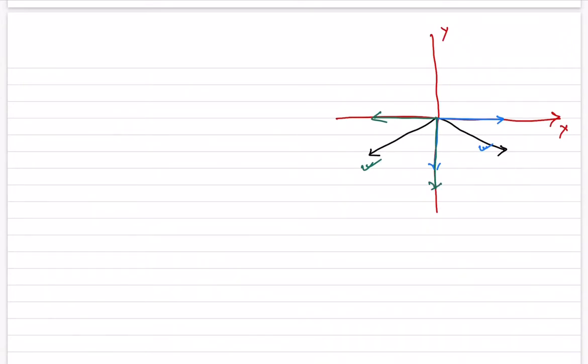What you see now is that the forces along the x-axis are in opposite directions and the forces along the y-axis are in the same direction. First we have to find out the total force, F total, along the x-axis.